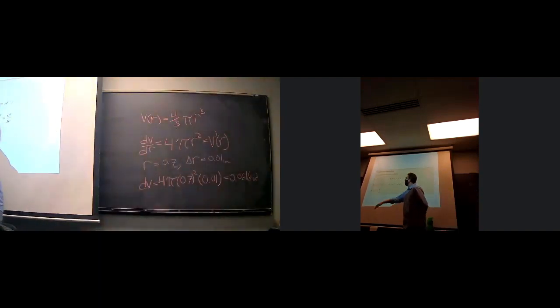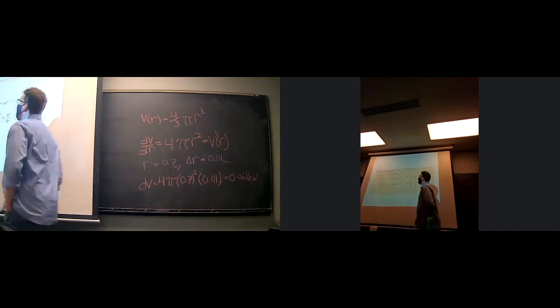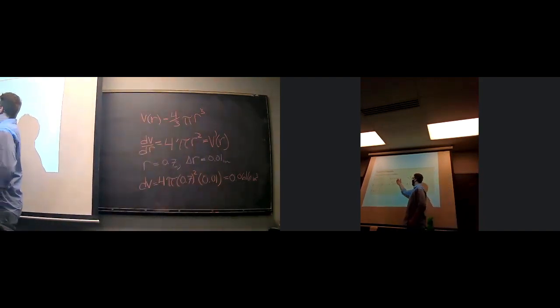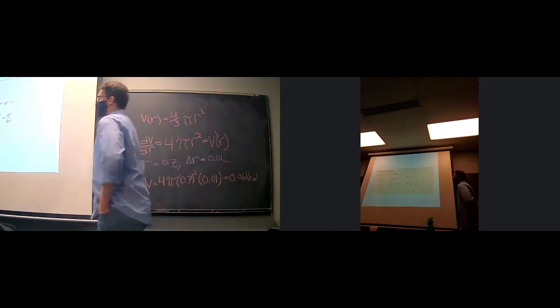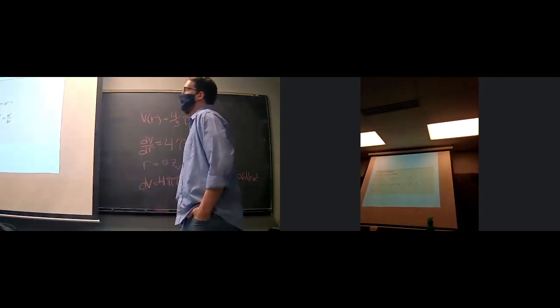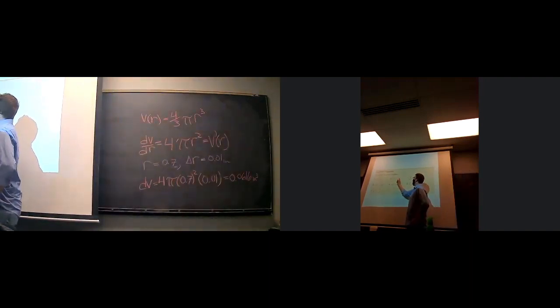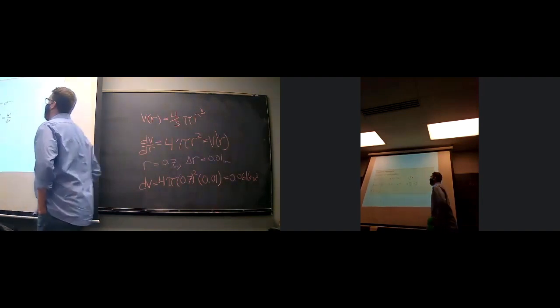Now, some properties of exponents. A raised to the 0th power is going to come out to be 1. The product is going to come out to be the addition of the exponents, as long as the bases are shared, right? So if this was A and this was B, we wouldn't be able to apply this property. But because they share the same base, we can.